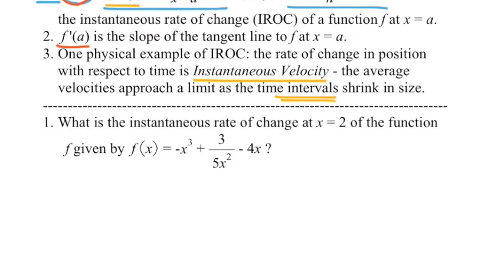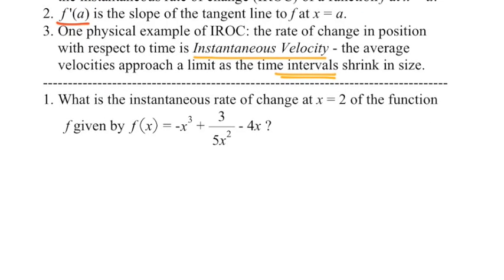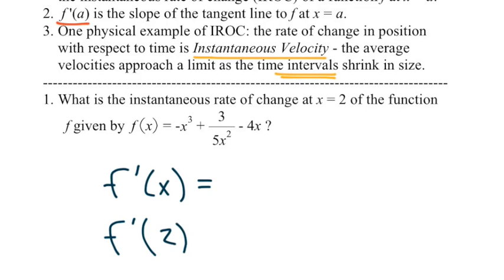So it's going to be a lot easier to instead find f prime of x and then put the value 2 in for x. So we're going to apply the power rule.